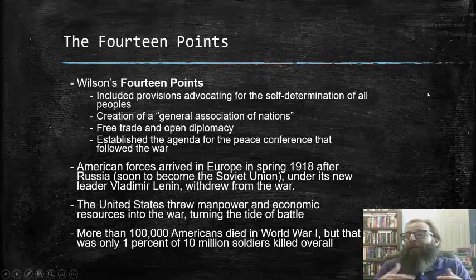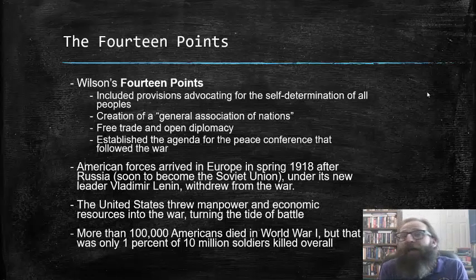Wilson articulated a very idealistic plan for a new world order that was designed to provide peace and stability and make the world safe for democracy. He called this plan his 14 points, and it included provisions for the advocation for self-determination of all peoples, creation of a general association of nations, what would become the League of Nations, which was, of course, the forerunner of today's United Nations.